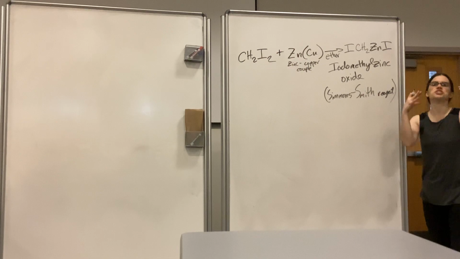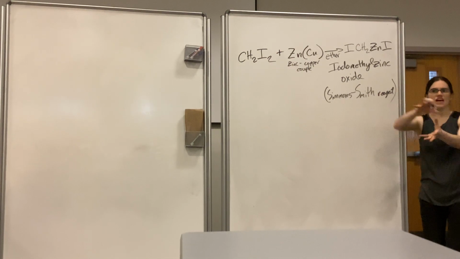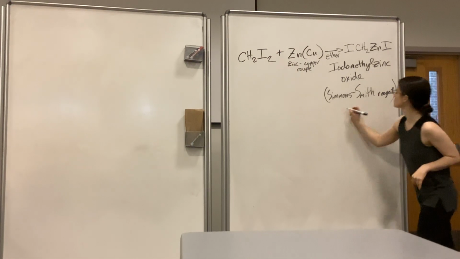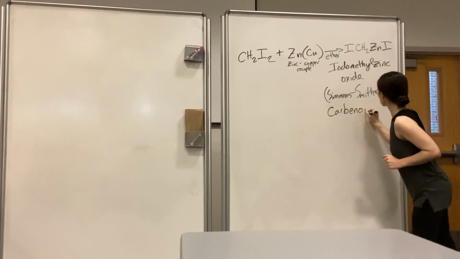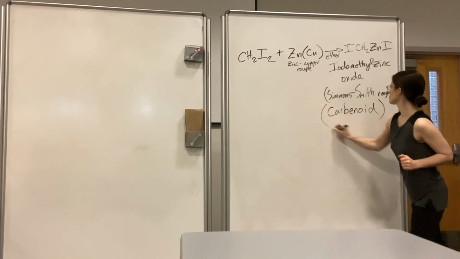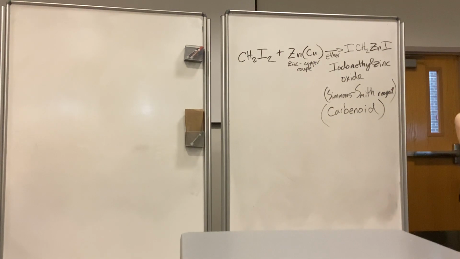It just does the same things that those tend to do. Oh, they have a nice little definition for us: a compound that delivers the elements of a carbene without actually producing a free carbene. Yeah, that's what I said.